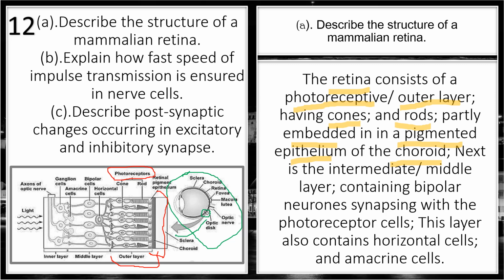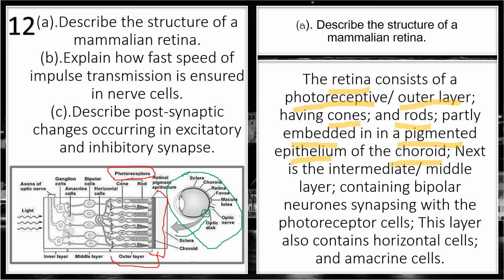The photoreceptors are the cones, these ones that are cone-shaped, and the rods are these ones that are cylindrical. So they are in a region which we call the outer region of the retina. It is the one containing these photoreceptors, the cones and the rods.